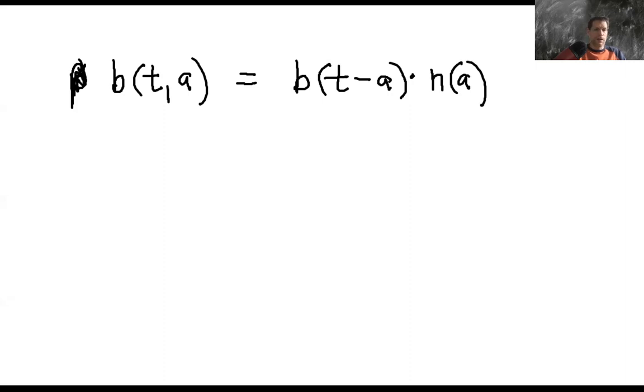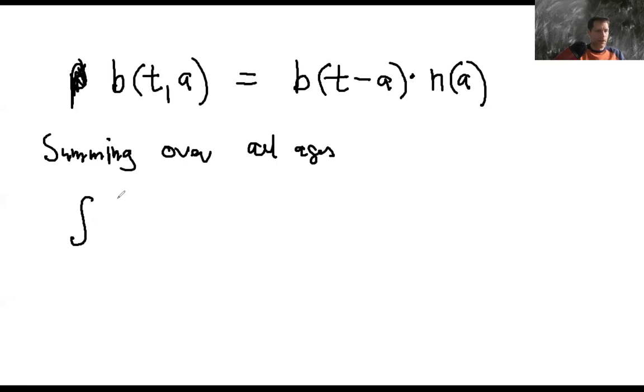And then what he did is, okay, well, if you're summing that over all ages, it means that we have to compute this over all ages. Summing means here we'll take the integral, because we're working with continuous age. So it's from a=0 to infinity of b(t,a) da.